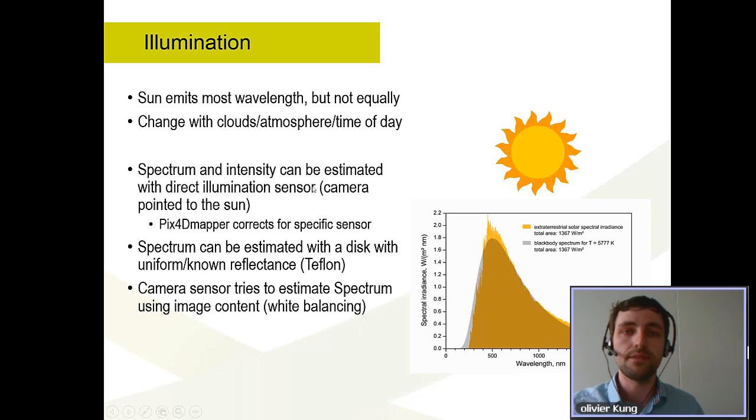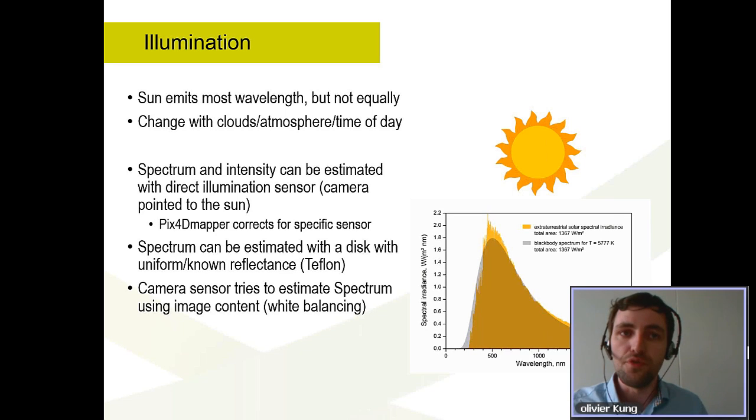Usually, this is a camera which is pointing towards the sun and which is on board the UAV. If such a sensor is there, and we support different types of sensors like that, then Pix4D Mapper will take this information into consideration in the whole processing to remove the effect of the sun on the final image.